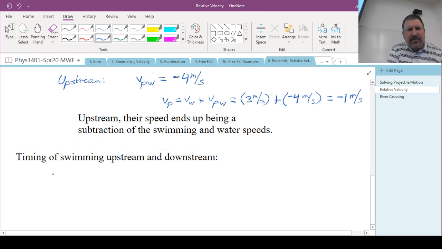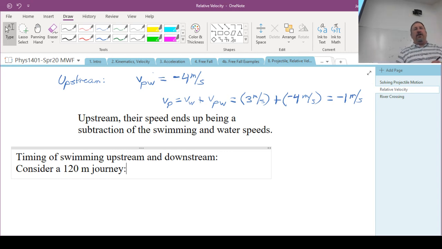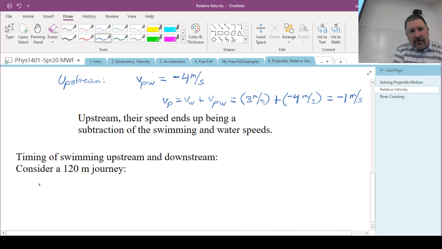So let's take the same situation and consider a 120-meter journey. For the walking person, that is somebody who's not subject to the current, you would just think of delta x is equal to Vx delta t.